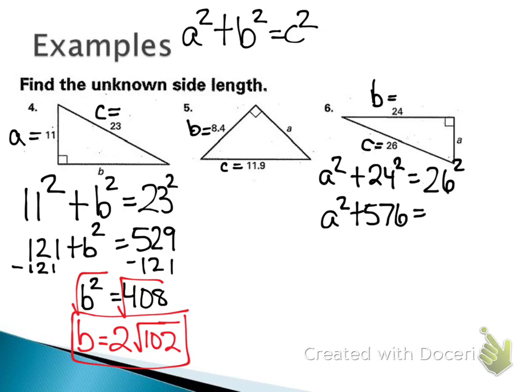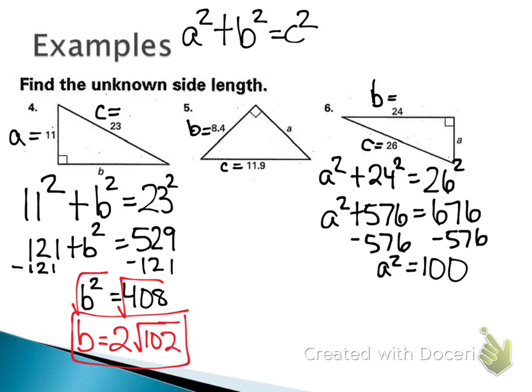And what is 26 squared? 676. This might look familiar from a problem we just did, but now we want A to be by itself. So what do I need to do? Subtract. When I subtract 576, I get A squared equals 100. How do I get A all by itself? Square root both sides. A equals 10.